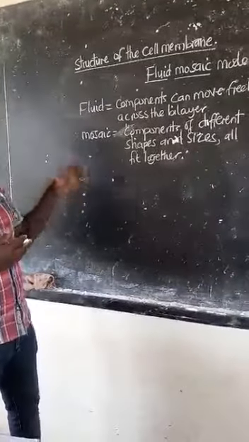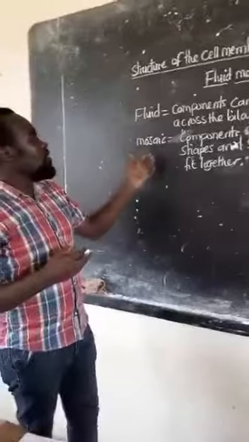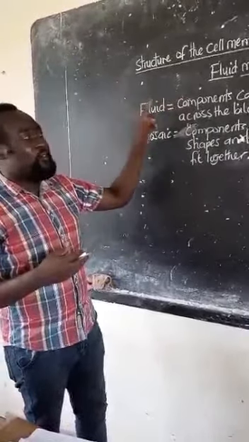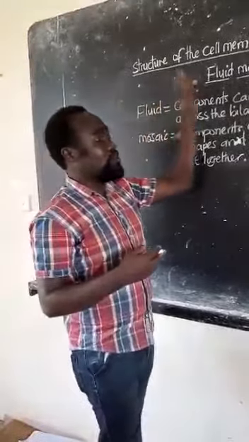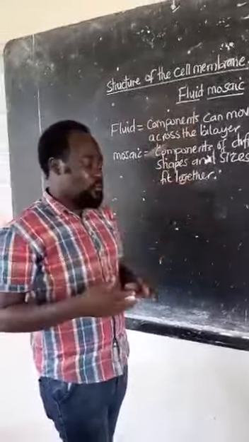That's why we say that the cell membrane is fluid and it is again mosaic for these reasons. And therefore, the structure can be well described according to the fluid mosaic model.